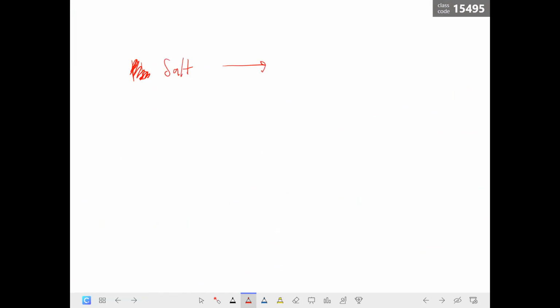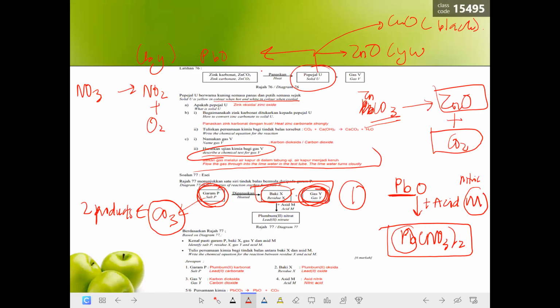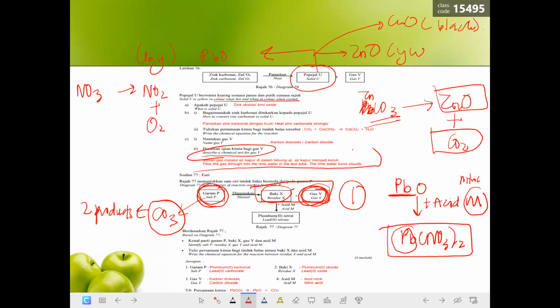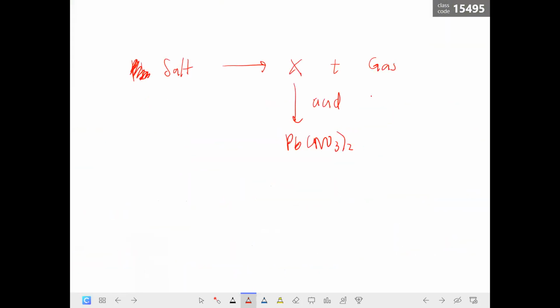When I heated it up, I get X and a gas. And when I add an acid, I get lead nitrate. Is this my question? Let's double check again. Yes, correct. So I have to work backwards. This kind of question, we have to work backwards.